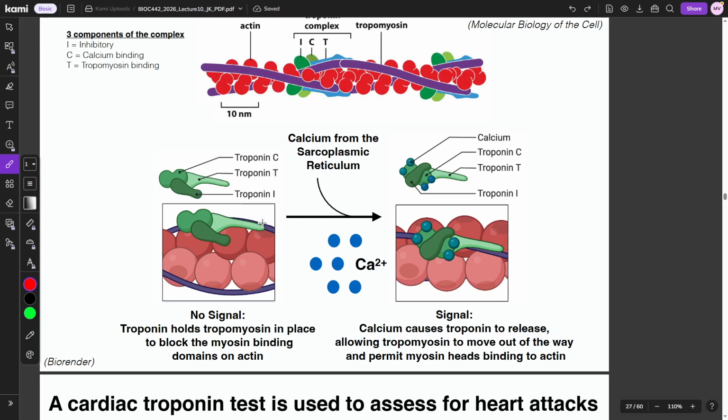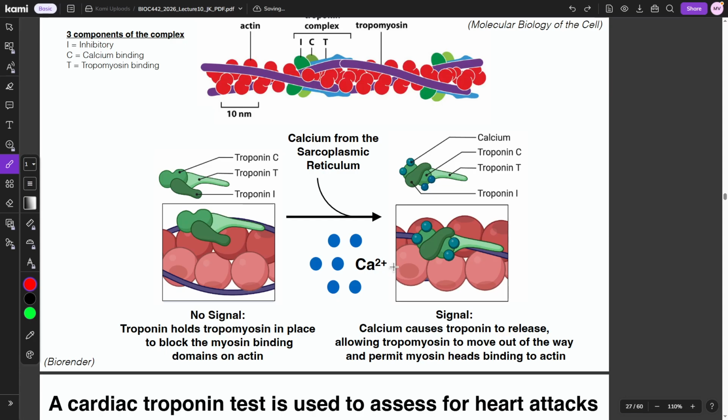So troponin holds tropomyosin in place to block the myosin binding, and the inhibitory region kind of assists with that. The T region is binding to tropomyosin, and the inhibitory region is kind of binding to the actin to stop it from really moving around.